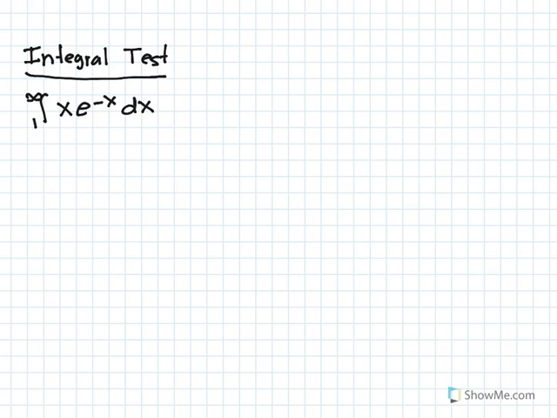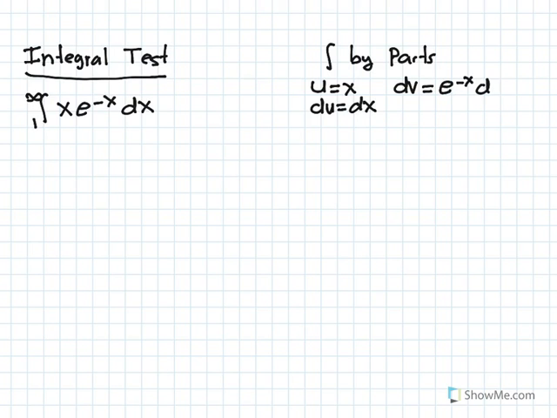We're going to apply integration by parts. Let u be equal to the polynomial, u is equal to x. Differentiate, du is equal to dx, and dv is equal to e to the minus x dx. Integrate, and we get v is equal to minus e to the minus x.